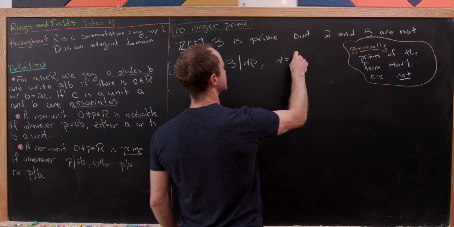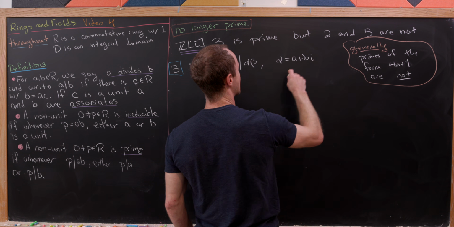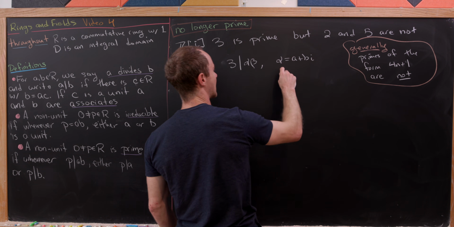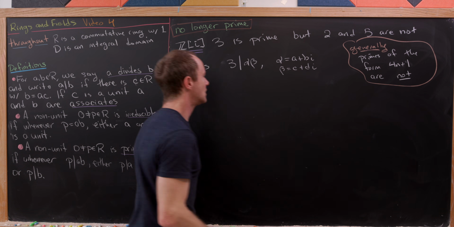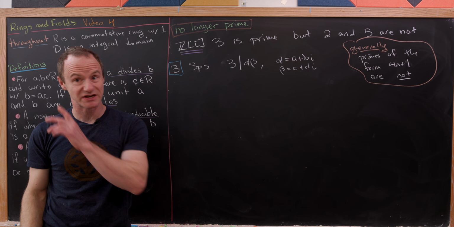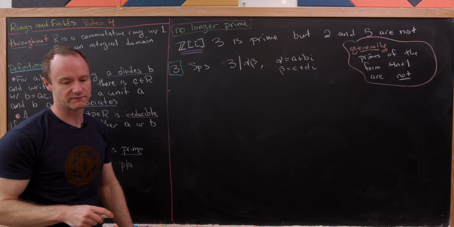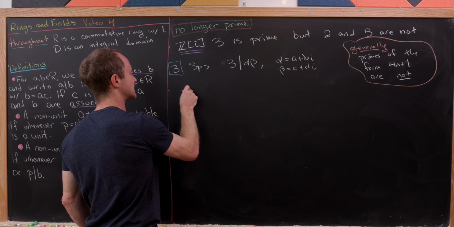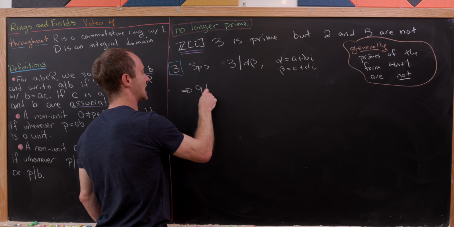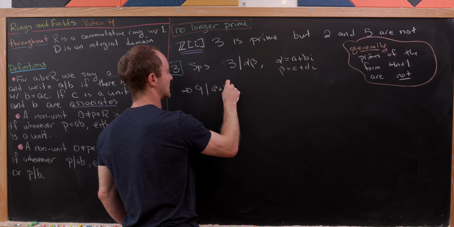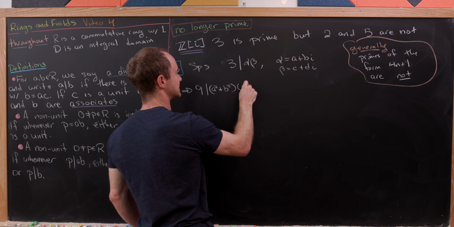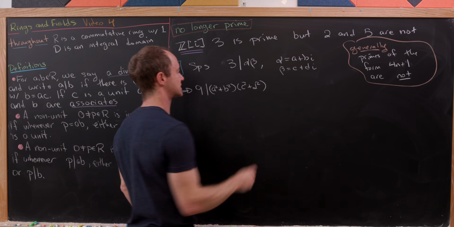And here alpha is equal to a plus bi. Remember here we're in Z adjoin i. And beta is equal to c plus di. Now, we're going to use a fairly similar strategy to what we just used, so this might look very, very similar. So let's observe that this means that 9 divides a squared plus b squared times c squared plus d squared.